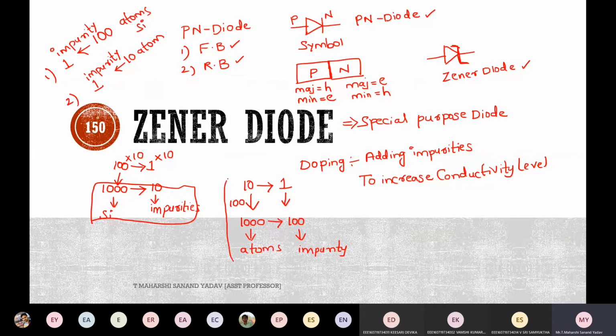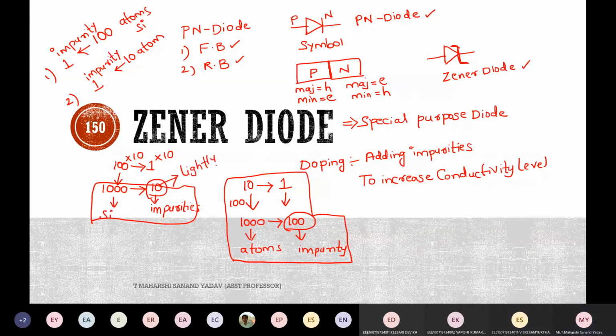By observing these two cases, can you identify which one is lightly doped and which one is heavily doped? Doping means more number of impurities. So where are you observing more impurities? 100 for every 1000. Here this is 10, so this is lightly doped. This is heavily doped, so more number of impurities are present.